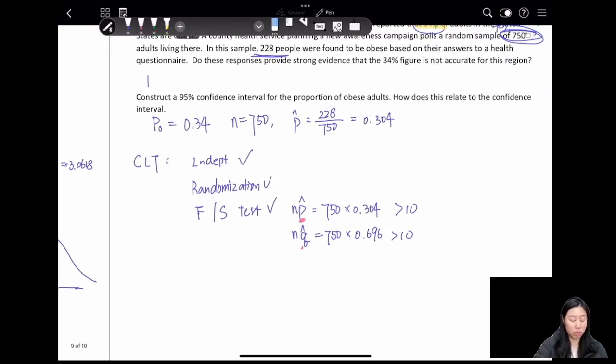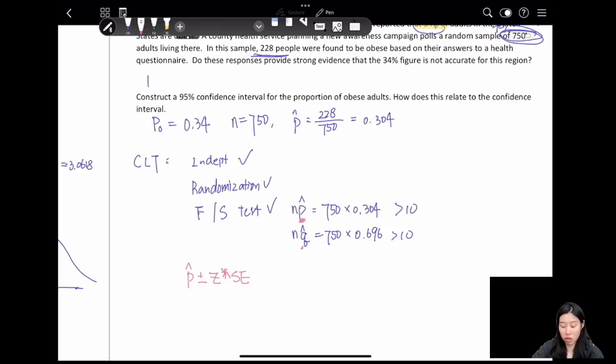Okay, so do you remember how to build a confidence interval? The confidence interval should be p hat plus or minus the z-score times the standard error. So what is standard error?